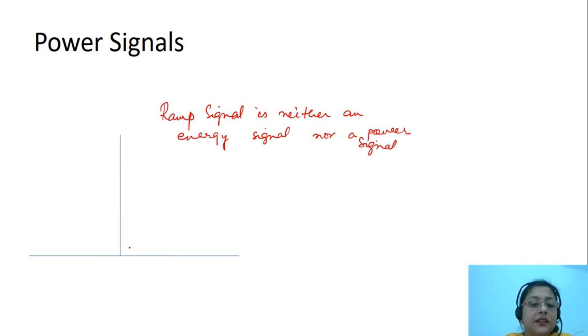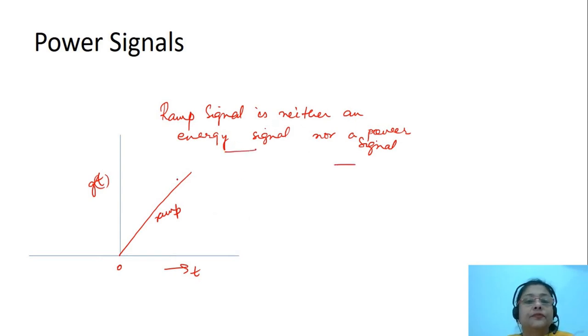Because the nature of the ramp signal is like this. You can see here, this is not a periodic signal. And also its amplitude does not tend to zero as t tends to infinity. So this ramp signal is an example of a signal which is neither an energy signal nor a power signal.